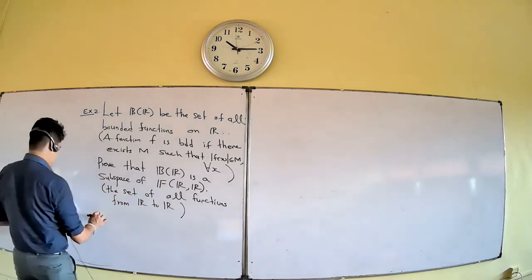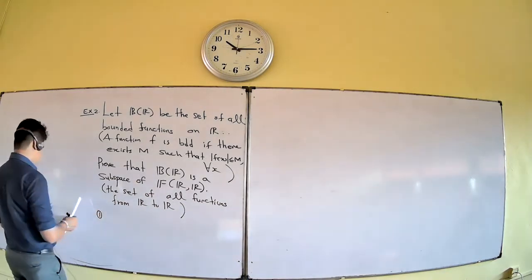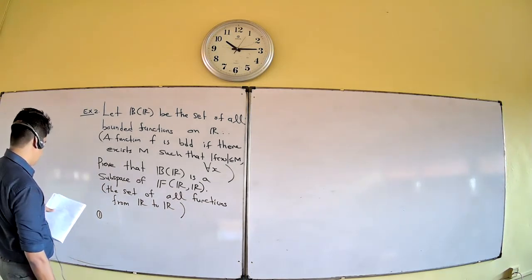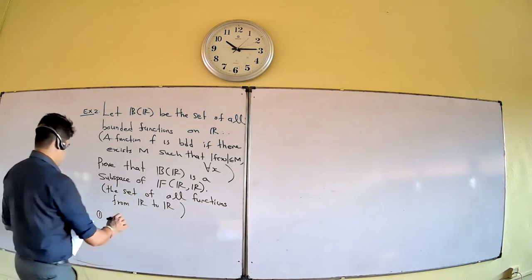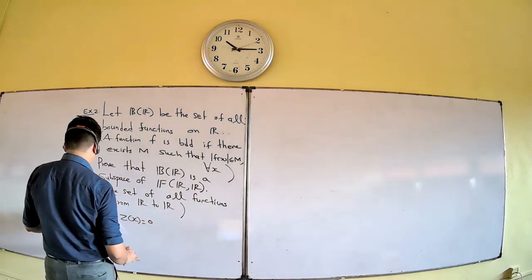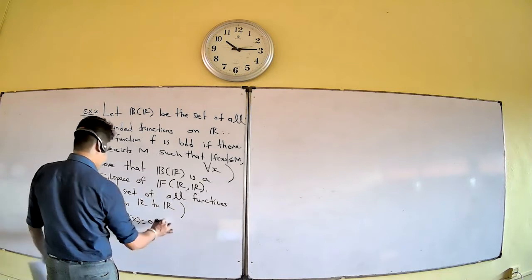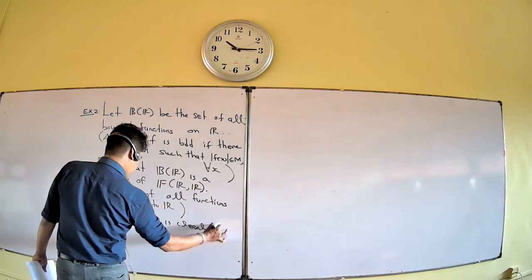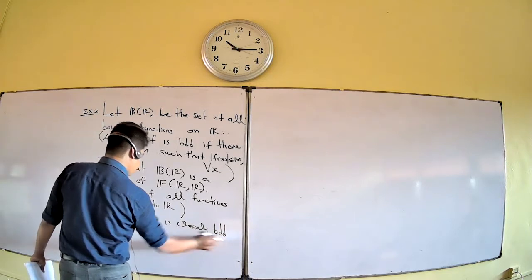So first, suppose you take the zero function. The zero function is f(x) = 0, right? It's clearly bounded, and its notation is bounded.